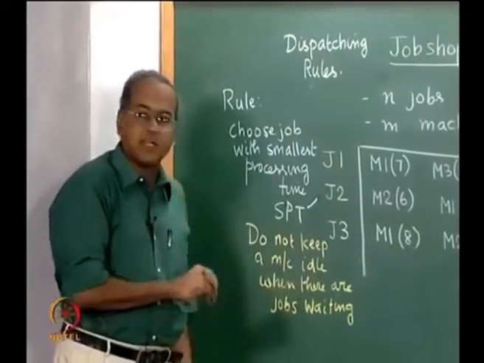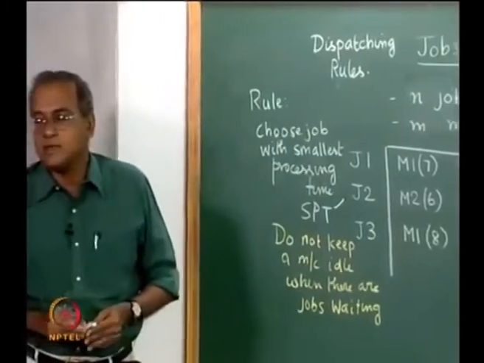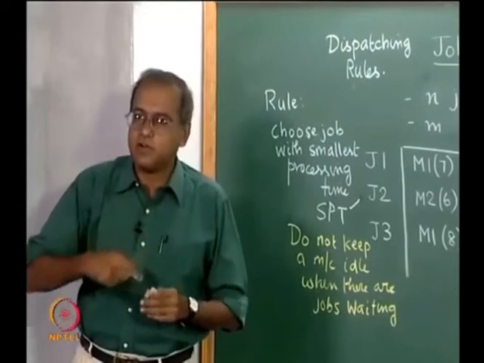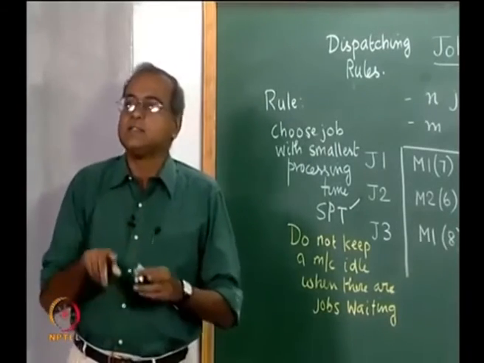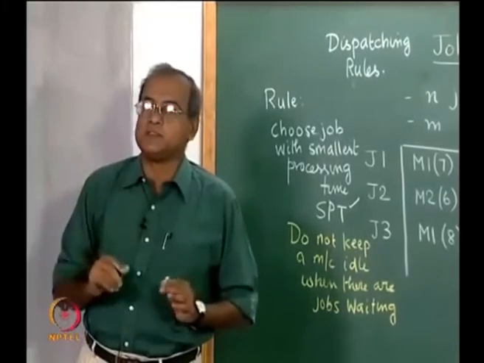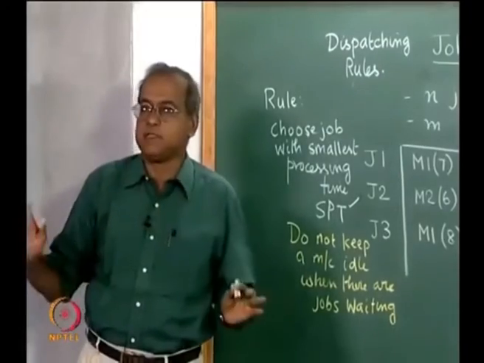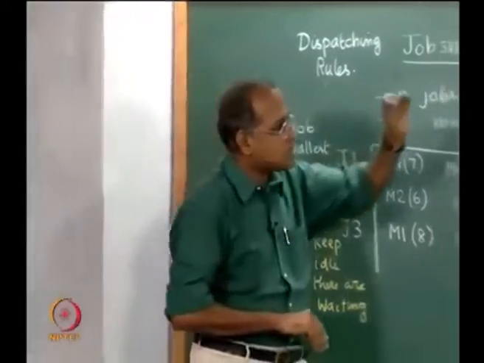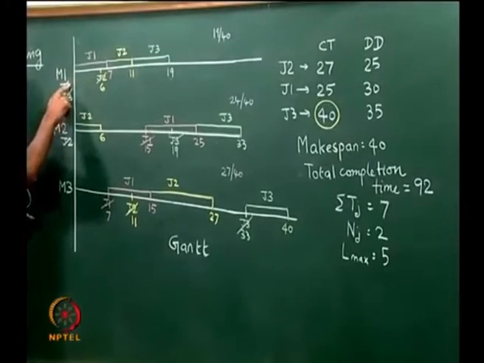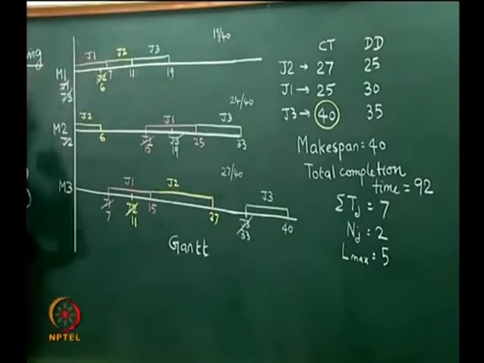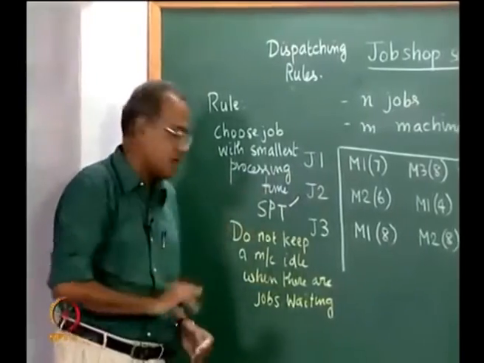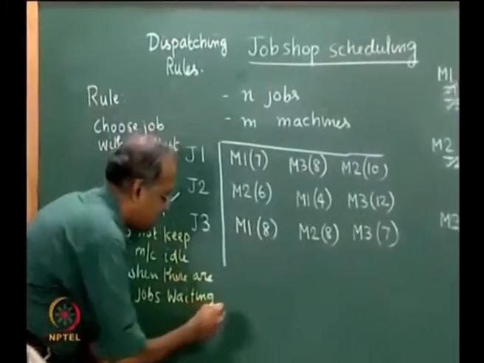The second principle that we used consistently was that we would not keep a machine idle if there are jobs waiting in front of it, with the hope that some other job that comes later, if that is processed, we may be able to optimize the objective. We will not follow that principle, which we also used here. For example, we did not consider this J2 when we made a decision to choose J1 here. Now, schedules where this particular rule is used are called non-delay schedules.